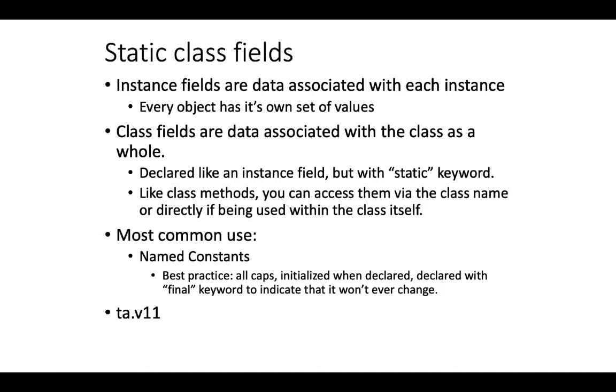In particular, static class fields are often used to define named constants that are related to the abstraction. So for example, Math.PI. The field PI inside the Math class is the value of pi, 3.14 and so on. And that makes sense.